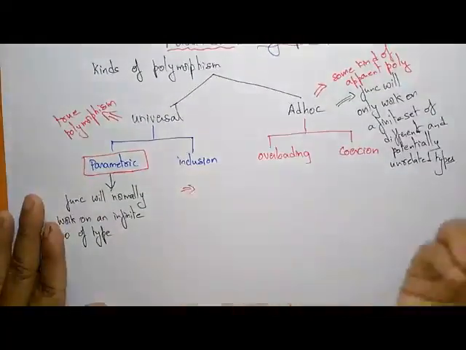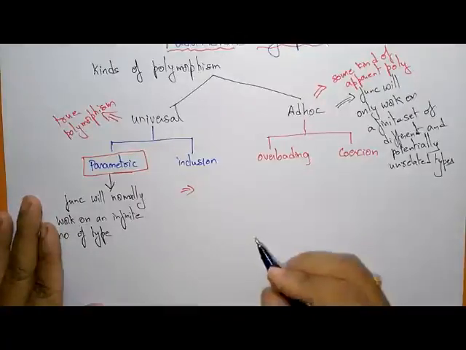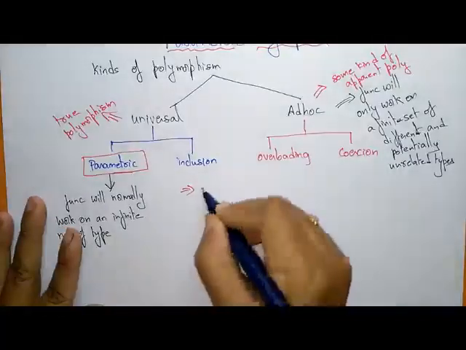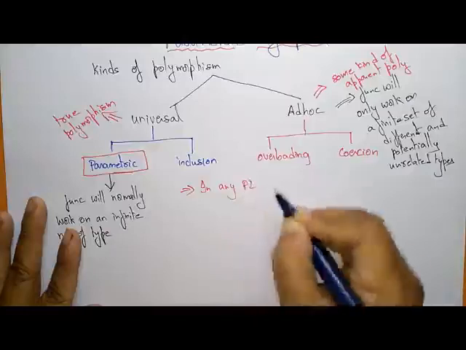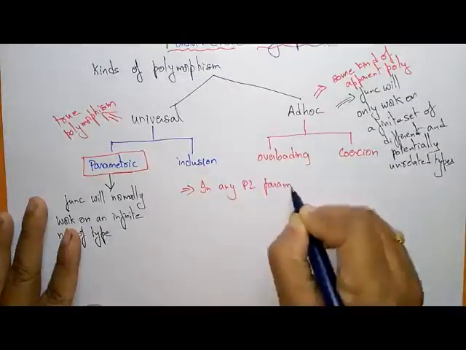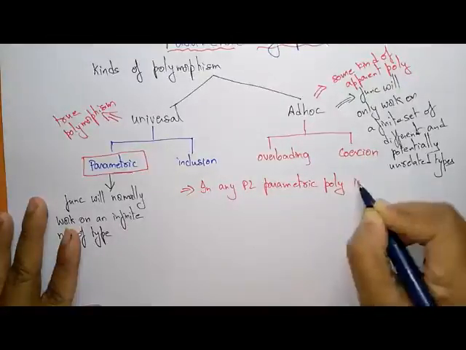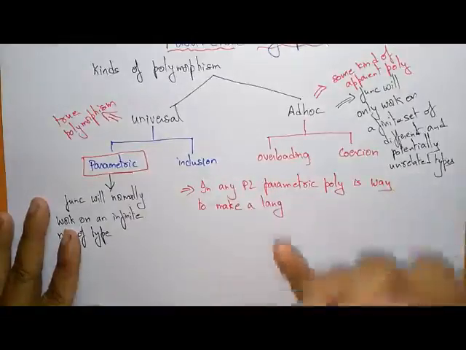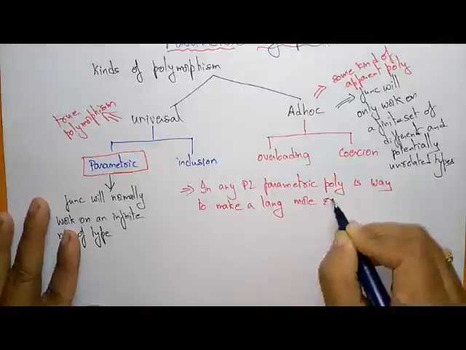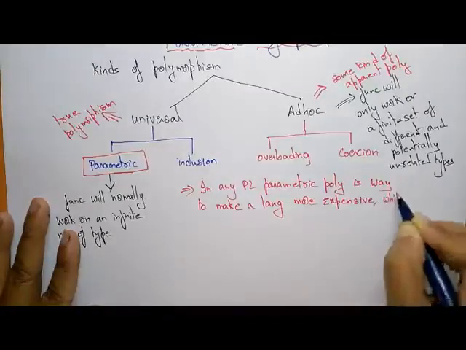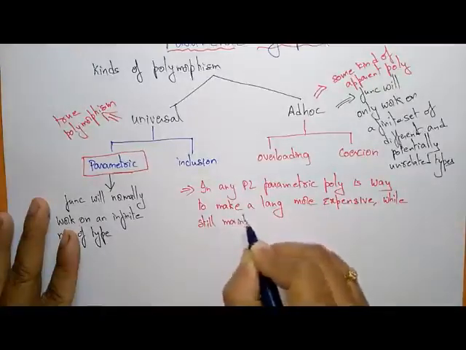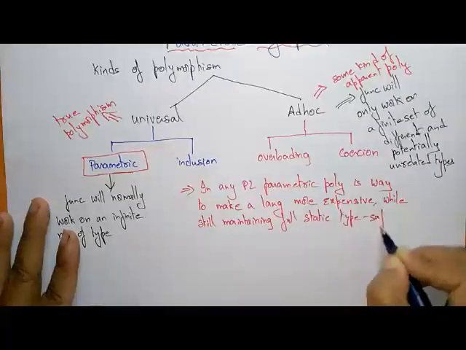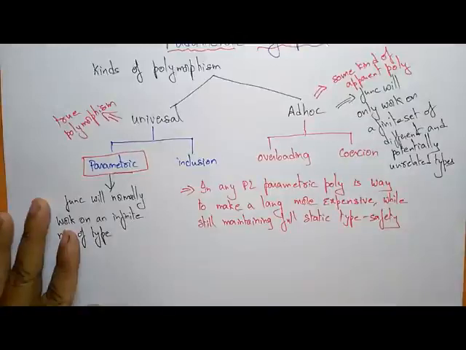If you take any programming language like C++ or Java, or a type theory, parametric polymorphism is a way to make a language more expressive while still maintaining full static type safety.